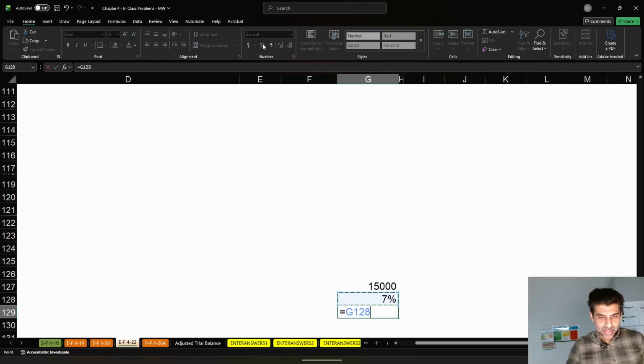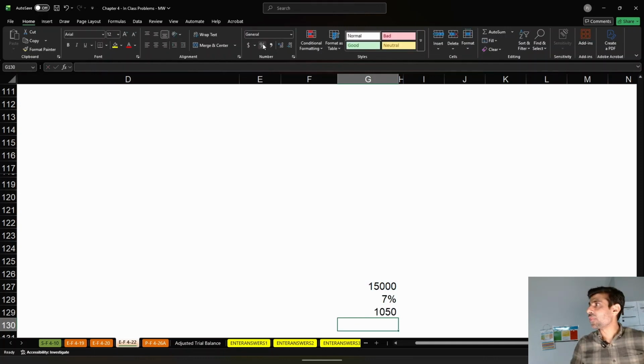So my yearly interest is 1,050, and I counted the months for you. It's 6 months out of 12. So for half the year, I'm going to have to accrue 50% of this, so $525. That's the interest expense that I've incurred from July 1st through December 31st. Do we agree? Okay, good.